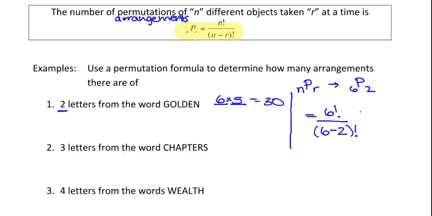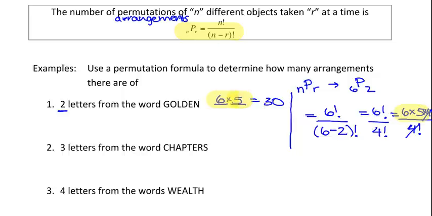So this is 6 factorial over 4 factorial, which is 6 times 5. If I multiplied further by 4 factorial over 4 factorial, you see that the 4 factorials cancel to leave me with just 6 times 5, which is the same as what we got doing it the other way.